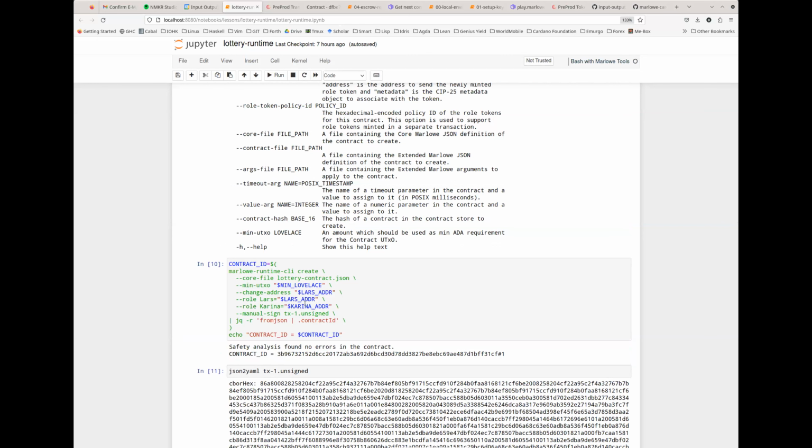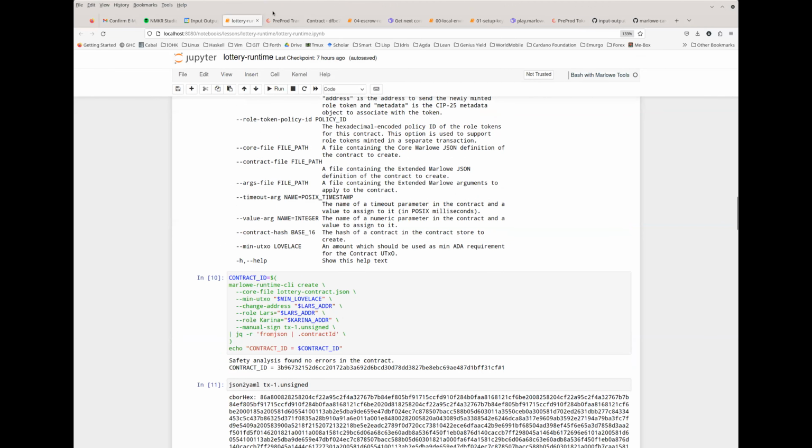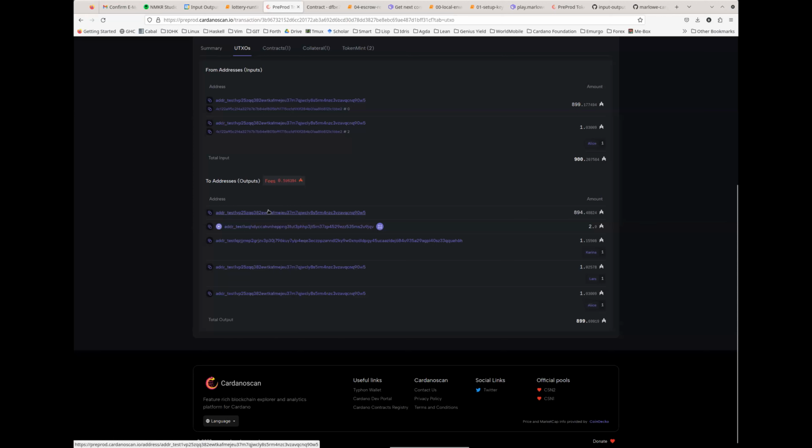So what this transaction now does is it mints NFTs and sends them to the correct parties. So Karina should now have received a Karina token, and I will have received a Lars token. This one is change from before, so you can ignore this. I already had that.